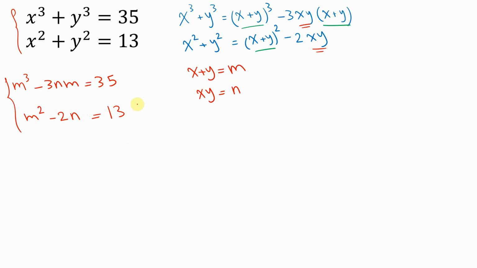Now, because we're looking for all the possible options for x plus y, it is better to calculate n from this equation and then substitute it into the first equation. Now what is n? I can move it to the right hand side, and by some simple mathematics, m squared minus 13 divided by 2 is the answer for n.